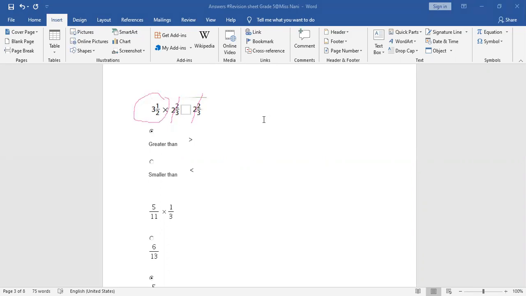Okay, so what is the rule? If the fraction is greater than 1, the value of the fraction that I'm multiplying with is greater than the original value.